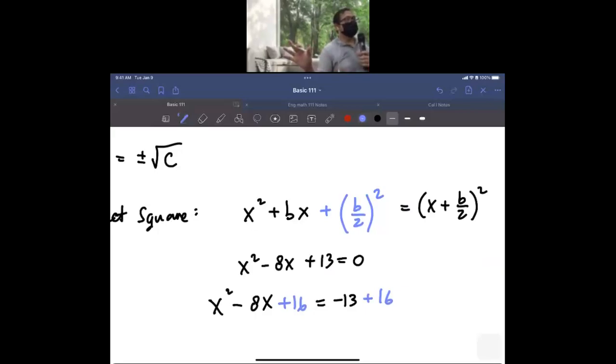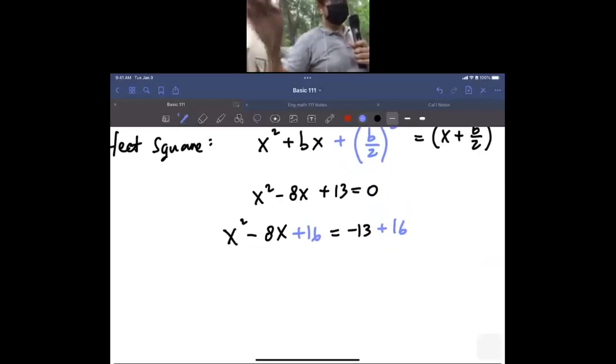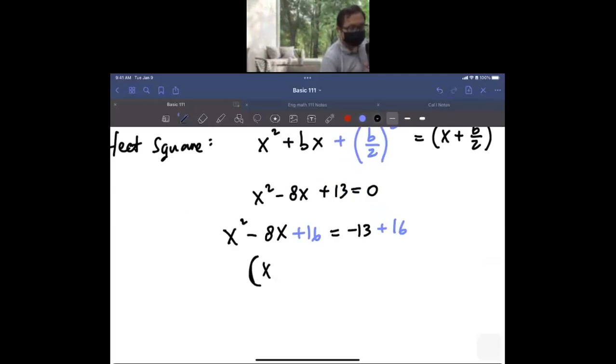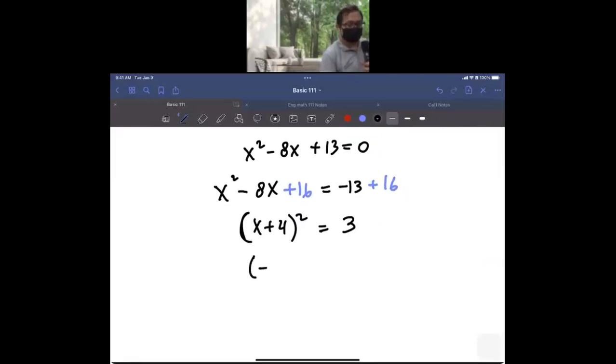Okay, why we need to add 16? Because on the left side we add plus 16. Of course, the right should be added with 16 also, because we need to make sure that this is equal. The left part then becomes x plus 4 squared, and the right part will be 3.